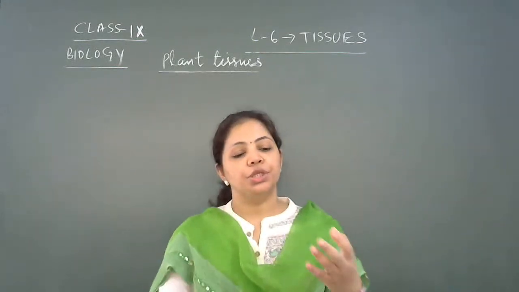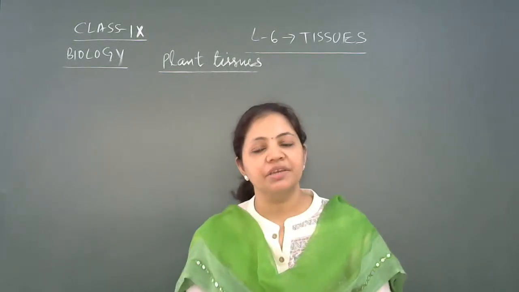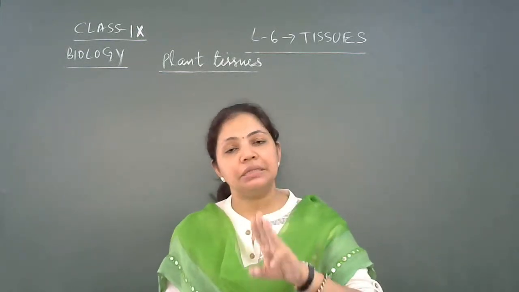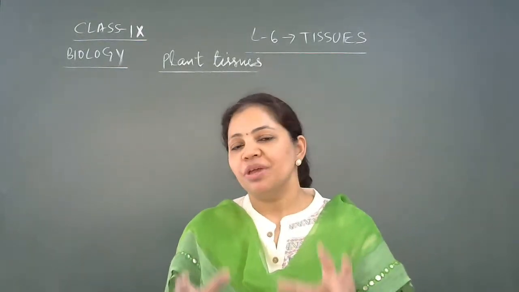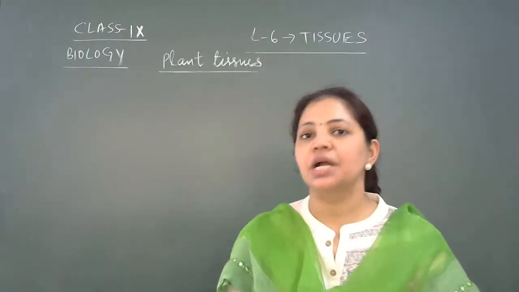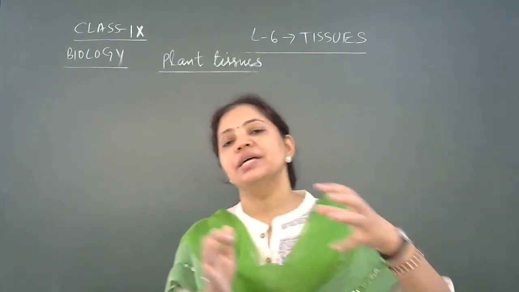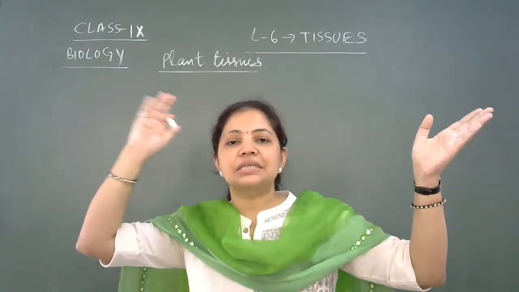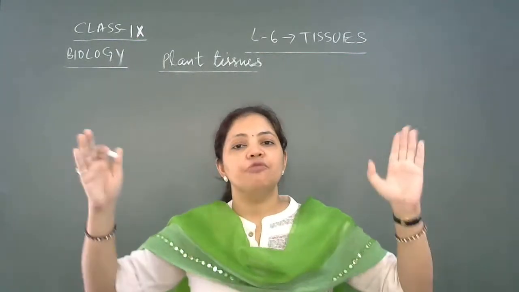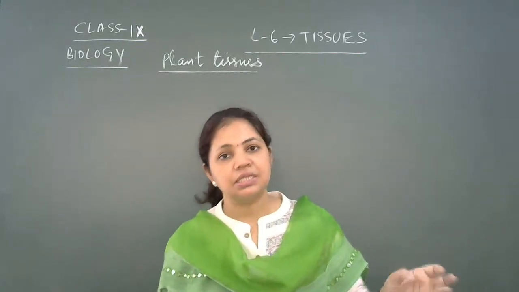So I discussed with you parenchyma, collenchyma, sclerenchyma. The one important thing which you have to remember is that between these three simple permanent plant tissues, you should be well versed with the comparative study, meaning similarities as well as differences. So for example, if you compare parenchyma and sclerenchyma, the first difference: parenchyma has living cells, sclerenchyma has dead cells.